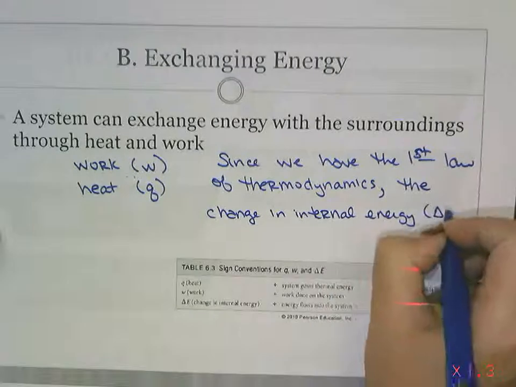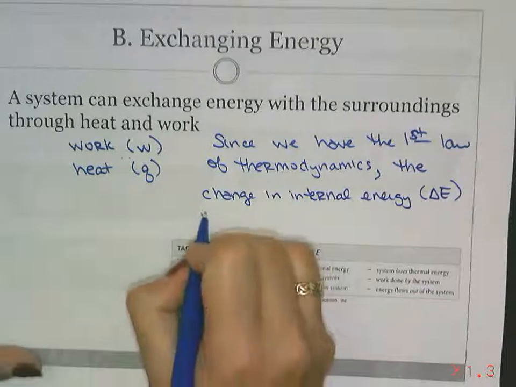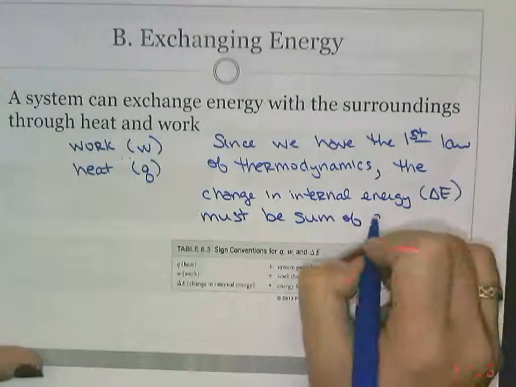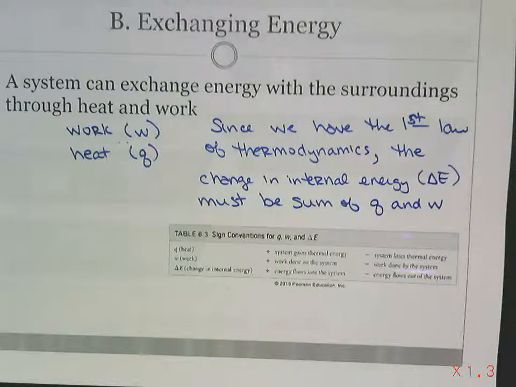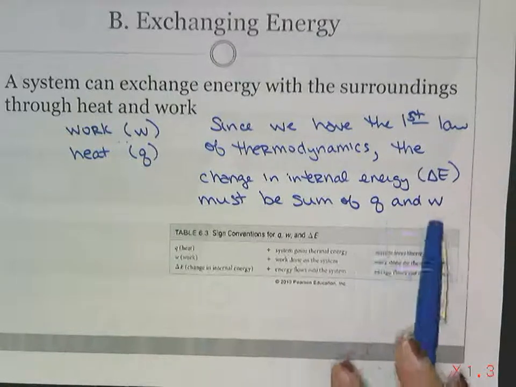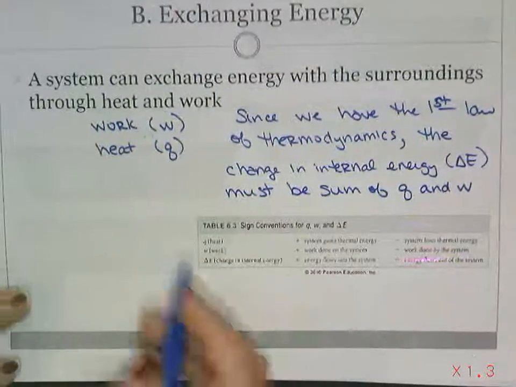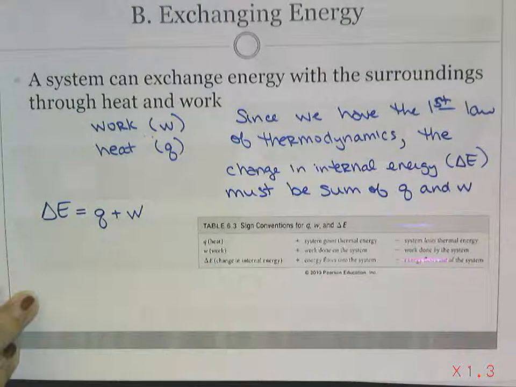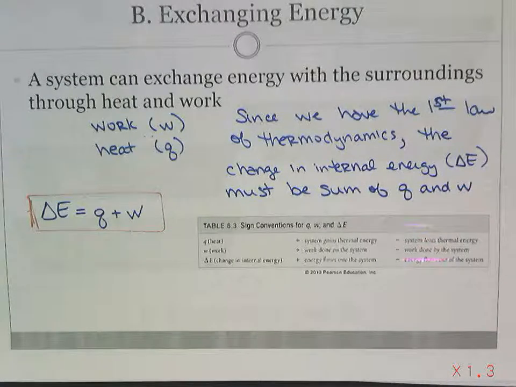This change in internal energy, which we call delta E, and we only exchange energy through heat and work, this delta E must be directly related to this heat and work exchange. So the change in internal energy is the work done and the heat exchanged.